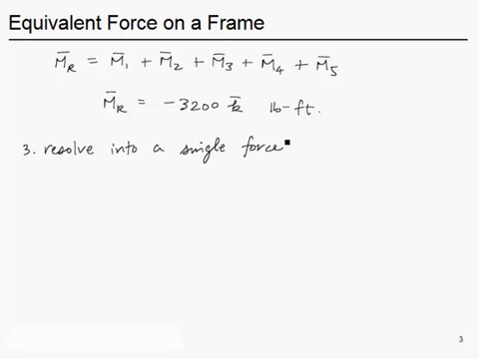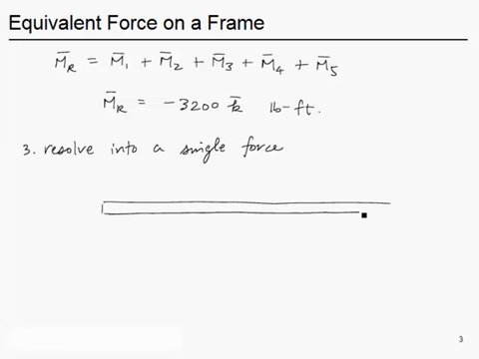What I'd like to do is introduce this idea by drawing a picture. We know we're looking for a force which acts between A and B on that top member of the structure. So let me draw that top member with A on one end and B on the other. So here's point A.